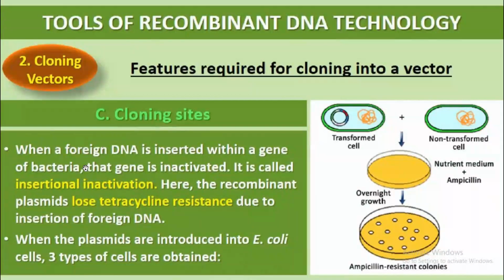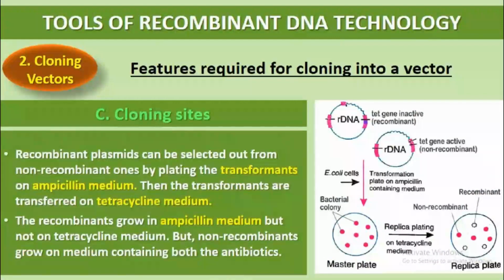Recombinant plasmids can be selected out from non-recombinant ones by plating the transformants on ampicillin medium. Then the transformants are transferred onto tetracycline medium. The recombinants grow in ampicillin medium but not on tetracycline medium. But non-recombinants grow on medium containing both the antibiotics.